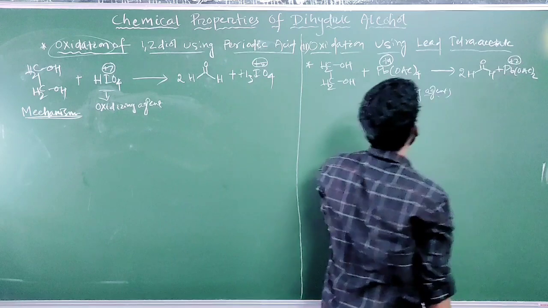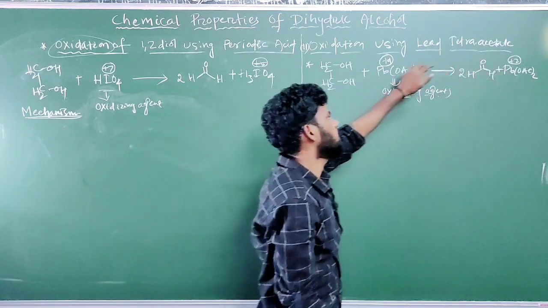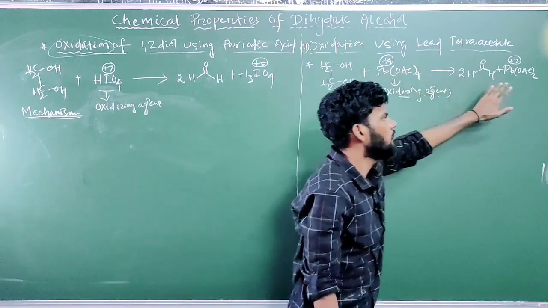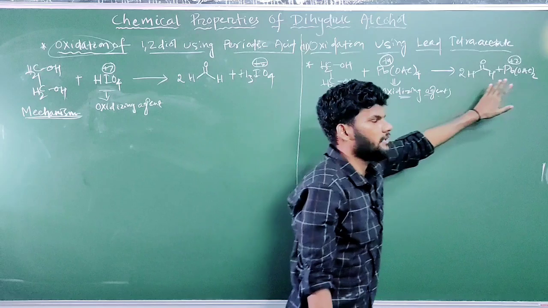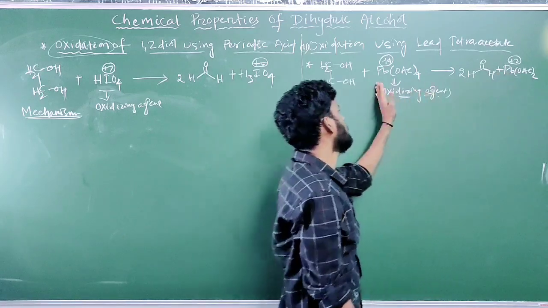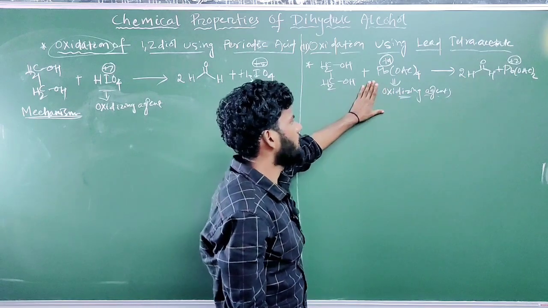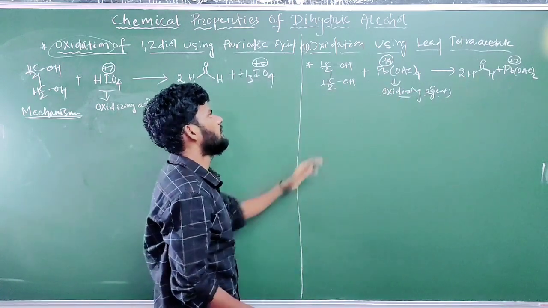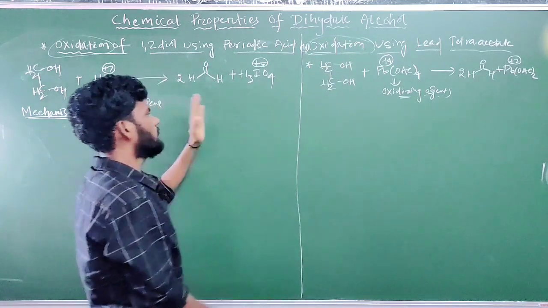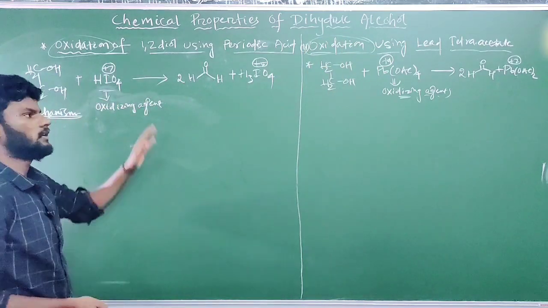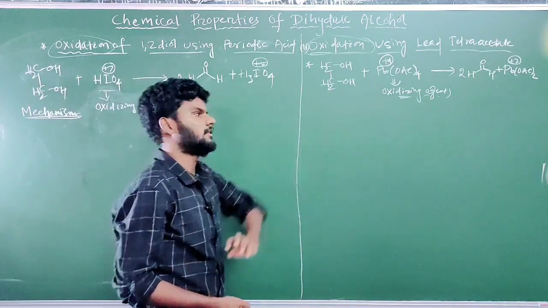The oxidation number changes from +4 to +2, so this compound is reduced to a lower oxidation state and oxidizes the alcohol to formaldehyde. That is why this reagent is also an oxidizing agent, and this reaction is known as an oxidation type reaction of 1,2-diol. Both reactions are almost similar but with different reagents: here HIO4 and here lead tetraacetate.